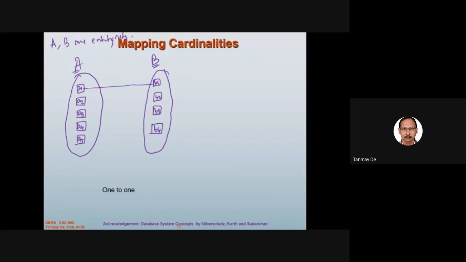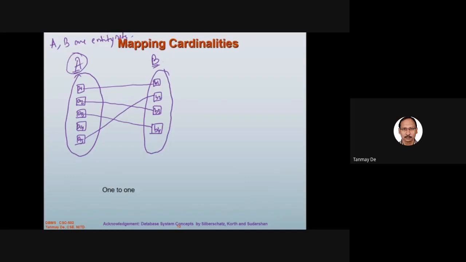That is, how many entities in set A are associated with another entity in B. Say A3 is associated with B3, say A4 is associated with B4, say A5 is associated with B2. You can see here at most one entity in the entity set A is associated with at most one entity in the entity set B. So for that, it is called a one-to-one mapping.